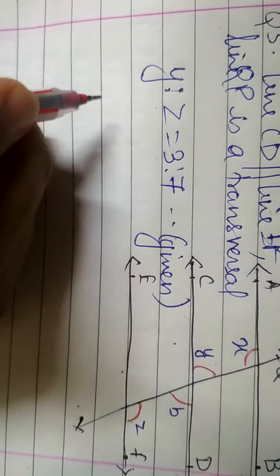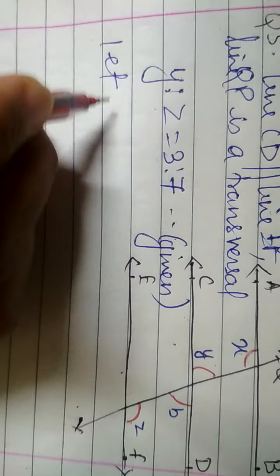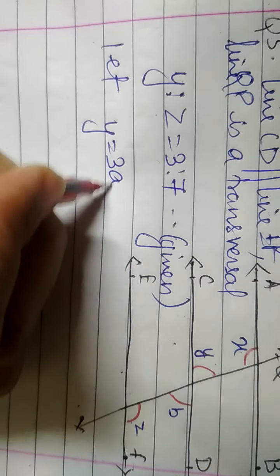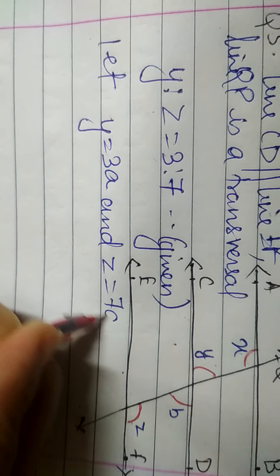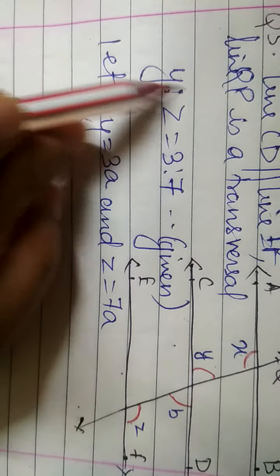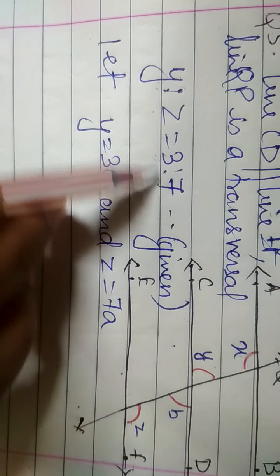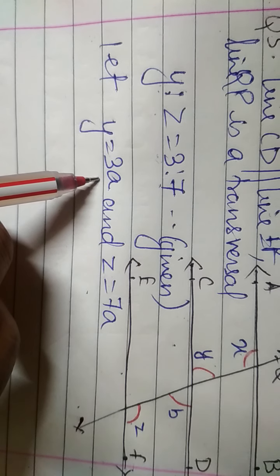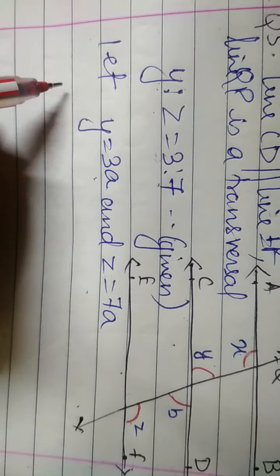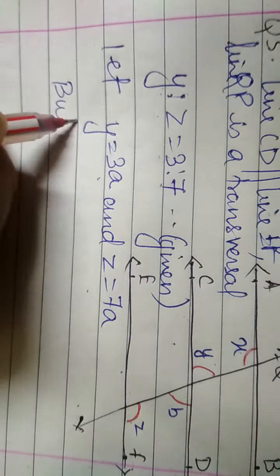So we will let Y equal 3A and Z equal 7A. Whenever the ratio form comes, we cannot take directly the value. We have to multiply a common multiple. Here we have taken A as the multiple.